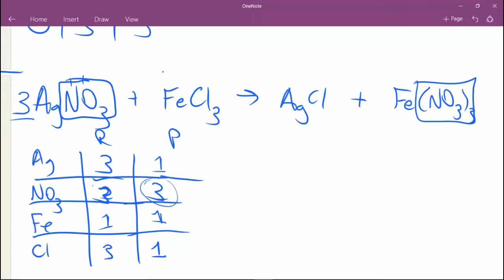And now I have to balance the silvers on the other side, because they're not balanced. So I put a 3 here. That gives me 3 silvers on both sides, 3 chlorines on both sides as well. And now I have a balanced chemical equation. Everything is balanced. Okay?